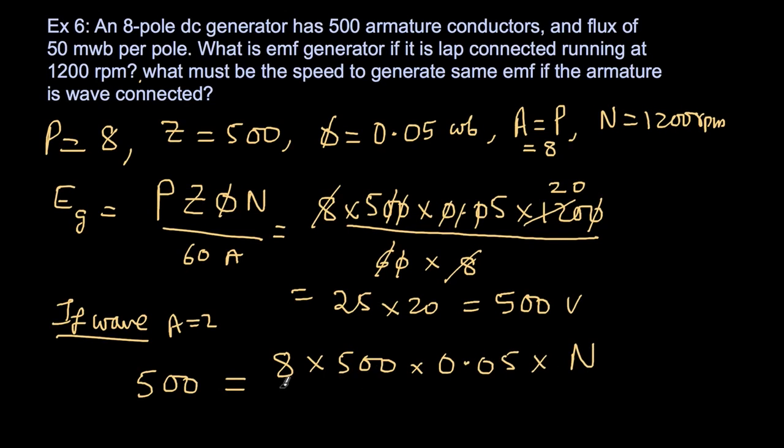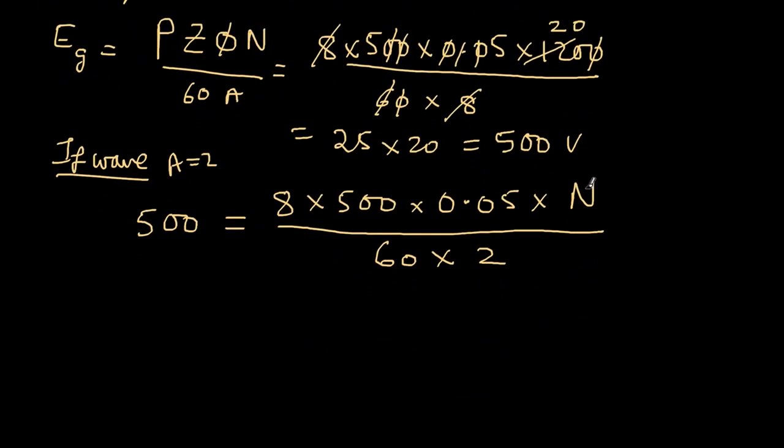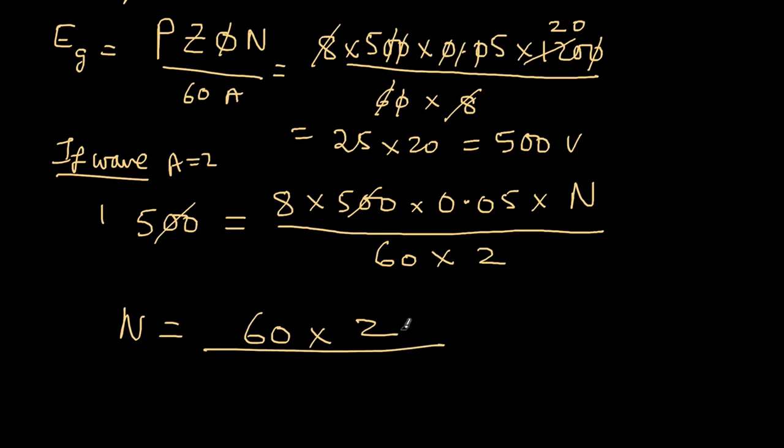This is 60, and the number of parallel paths is 2. From this I can find the N required. Right away I can cancel the 500, and there will be a factor of 1 here. So N will be 60 into 2 divided by 8 into 0.05. So 2 goes 4 times, and 4 goes 15 times.